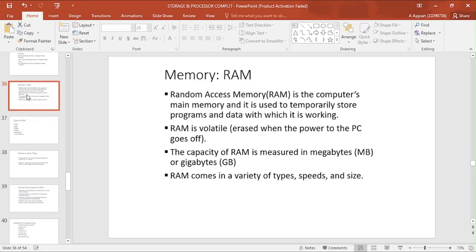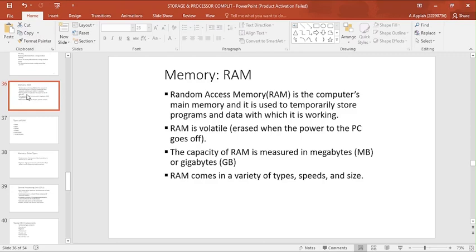Then back to our memory, we look at RAM, random access memory. It is the computer's main memory, and it is used to temporarily store programs and data with which it is working.